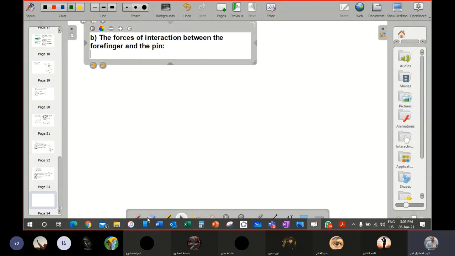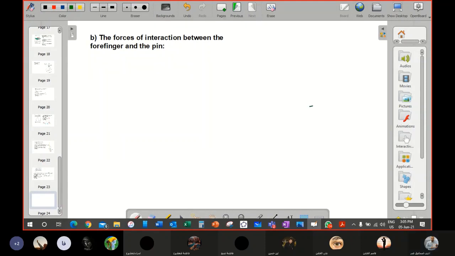Let me draw a figure. This is, for example, the pen, a nail, and we are pressing it by our finger to, for example, a board of wood. First, what is the first force, Ya Asim?